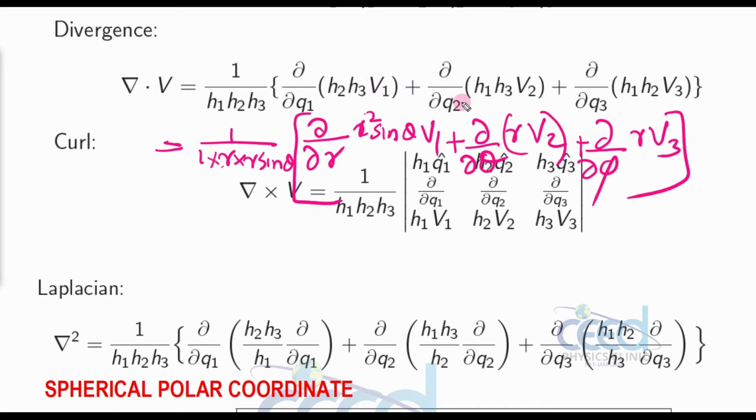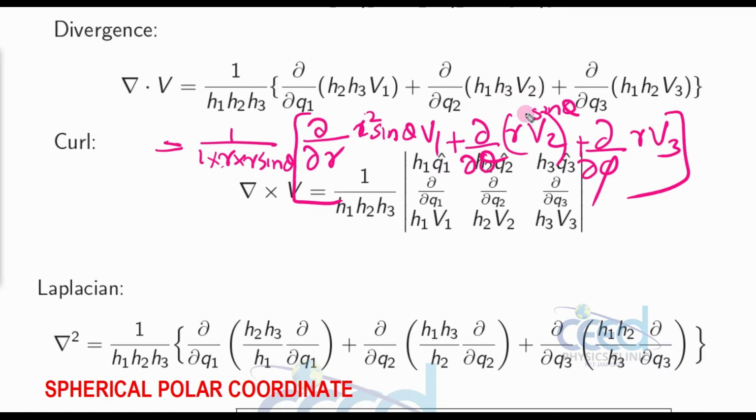So here we have q1, so h2, h3; here q2, so we have h1, h3; here q3, so h1, h2. What is h1, h2? It is r. What is h1, h3? Here we have r into r sin theta, right? Because this is h1, h3, this is h1, h2, this is h2, h3. Okay, so h1 is 1 and h3 is r sin theta. So we need only 1 r.